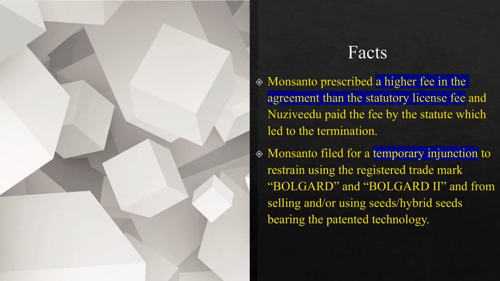Now, Monsanto filed for a temporary injunction to restrain using the registered trademark Volgard and Volgard 2 and from selling and/or using seeds or hybrid seeds bearing the patented technology. First of all, to restrain using the registered trademark, and then from selling or using seeds or hybrid seeds bearing the patented technology.